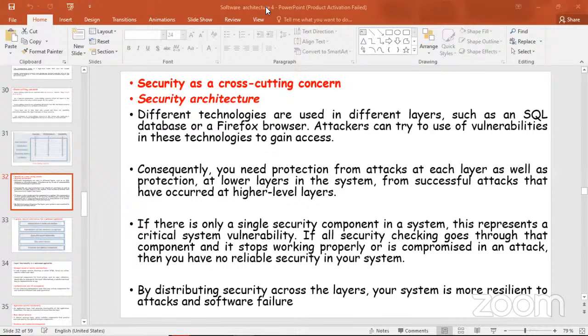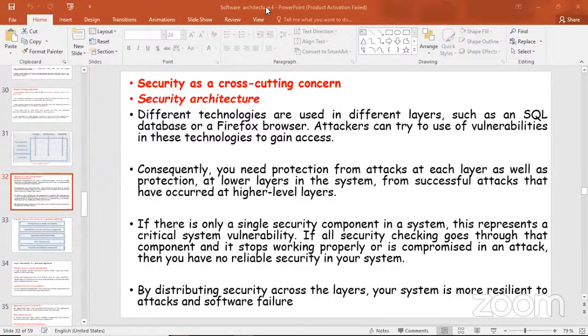So we want to look at security as a cross-cutting concern. So, security architecture: different technologies are used in different layers, right? Such as an SQL database or a Firefox browser.